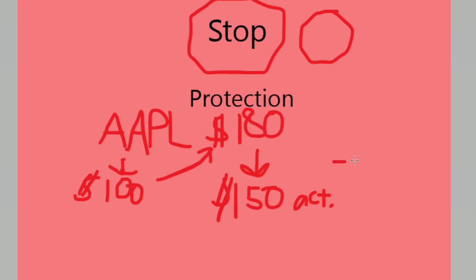Let's say we have a price, then boom, it hits 150. So now your order is activated at 150. Then it takes 1 tick, 2 ticks, and then it's going to fill here, right?